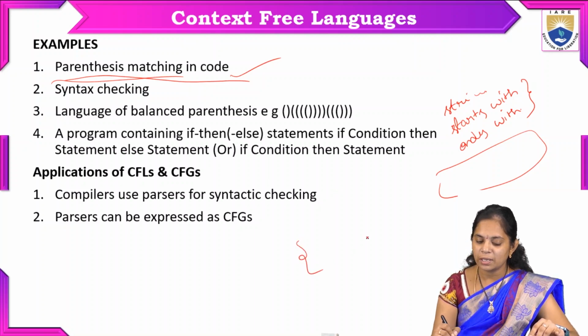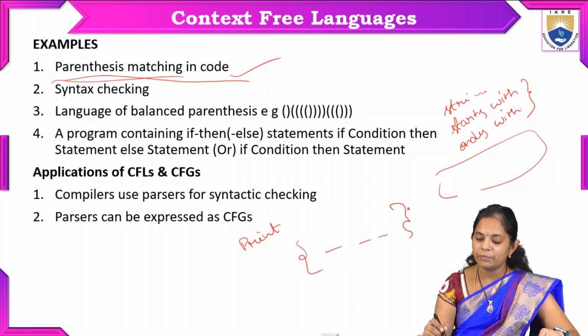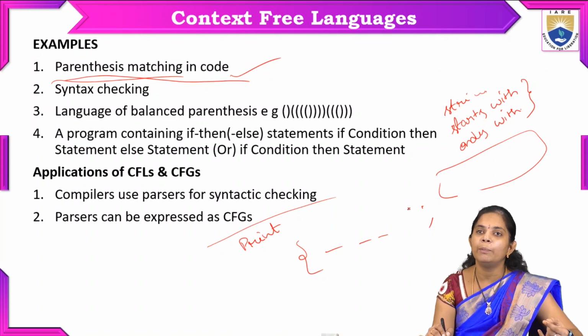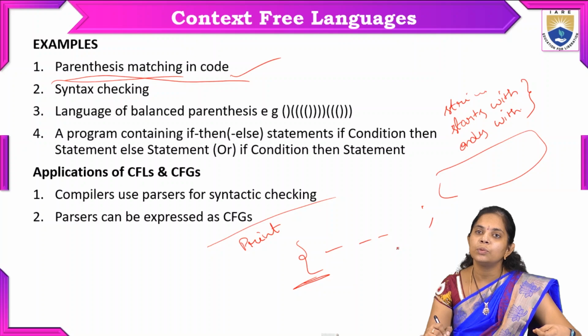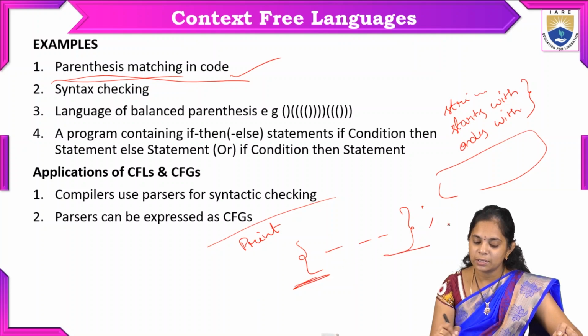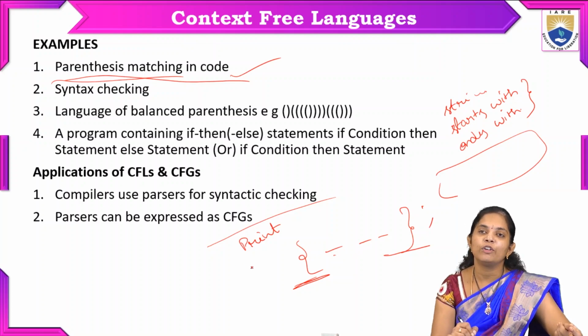For example, in a print statement with this syntax, if the closing parenthesis is missing, then whenever we compile the code, the compiler needs to report that the bracket is missing, otherwise the code is wrong. We check this brace matching by designing compilers with this kind of machine.